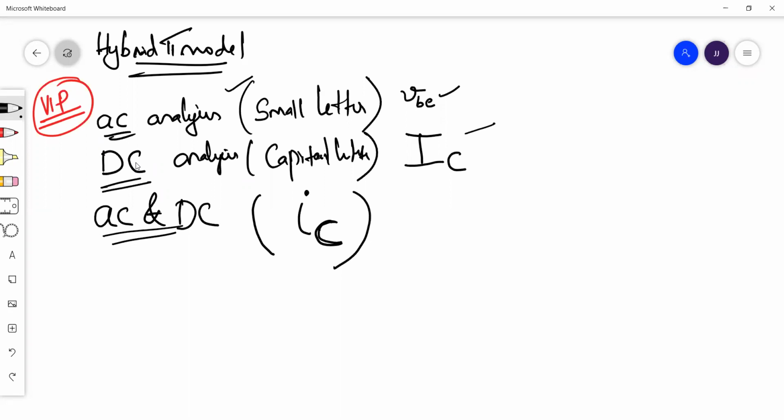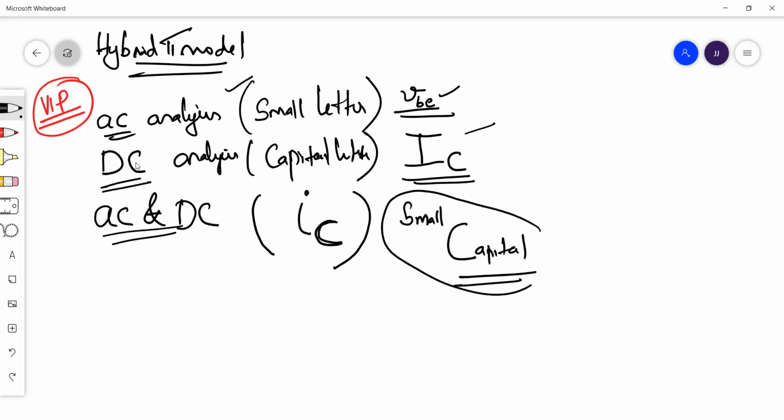So in a connection having both AC and DC, it will be small letter, with the suffix in capital. Here full caps, here full small, and here a mixed one like this. Is this concept clear to you? How we can write the representation in AC, in DC, and at the same time when having both AC and DC.